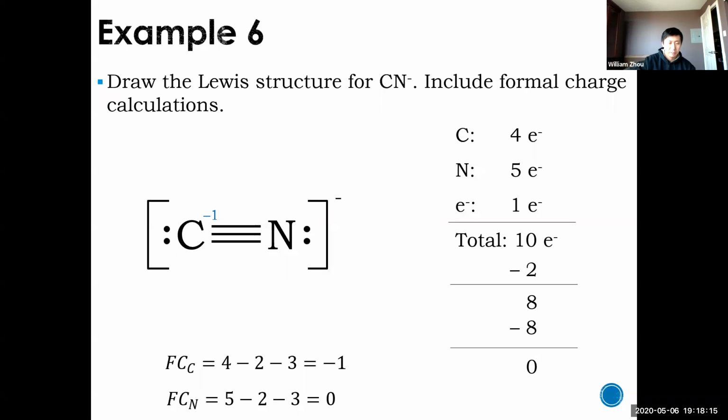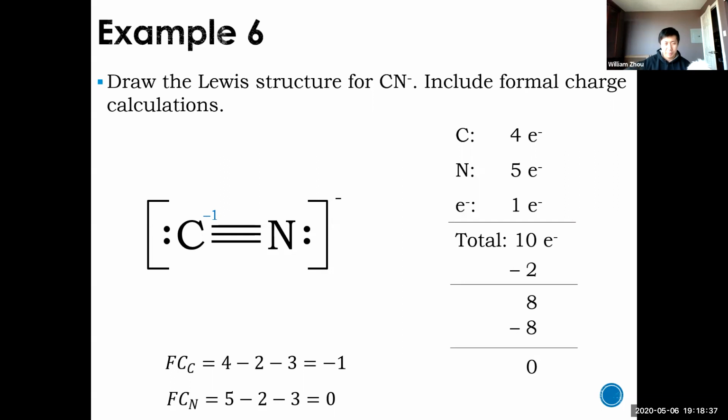It does. In this case, the carbon has a -1. Now, I just said that nitrogen is more electronegative than carbon, so really a better structure will have nitrogen with a -1, but there's no way you can do that. There's nothing you can do to fix that, so you have to be content with what you have. This is the correct structure for cyanide.